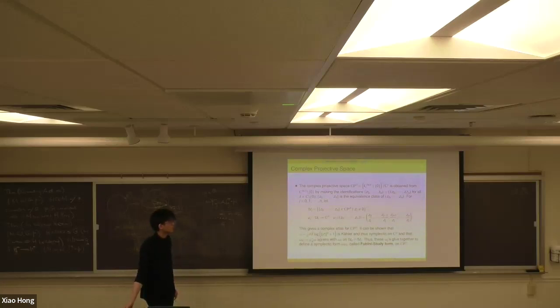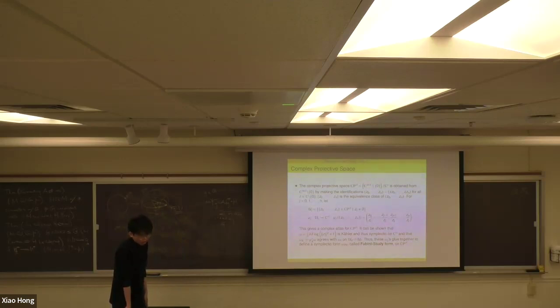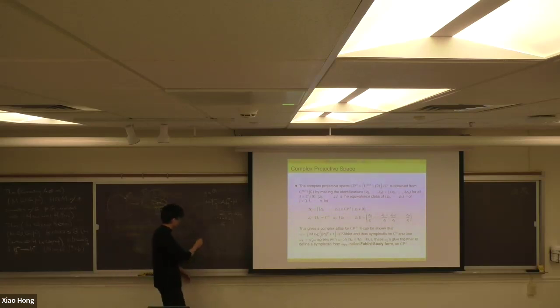This is the first concrete example of a Hamiltonian G space I will talk about here. Sorry, the second one. This is the complex projective space. So we already know there are complex structures for that.